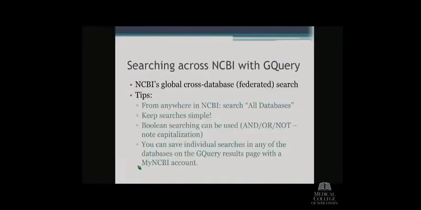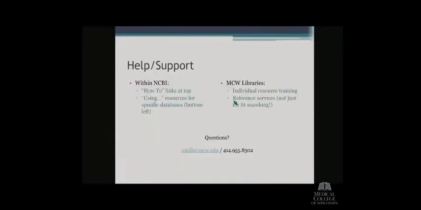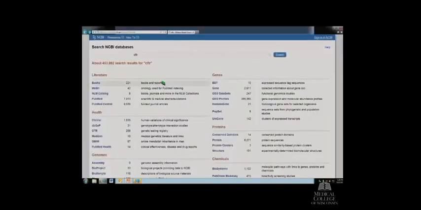So the final slide in my presentation is just the help and support. I pointed out those "using" resources. That's what they always call them, using gene or using protein, underneath that banner on the home page. That's where you'll find resources for specific databases. It's on the bottom left. One other little help section that I did not point out yet is this how-to, which is always at the top of any NCBI resource.